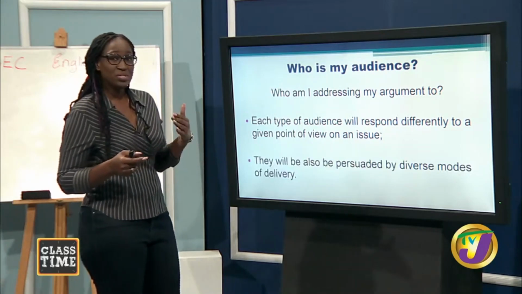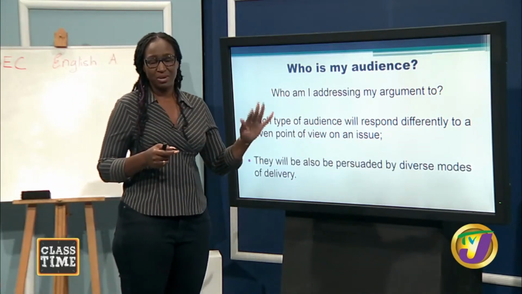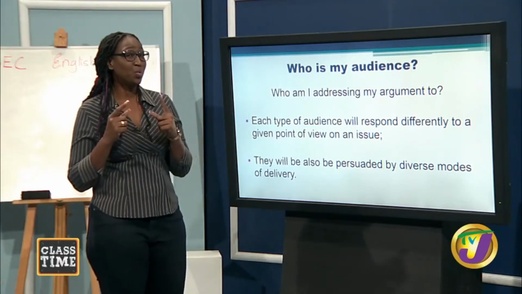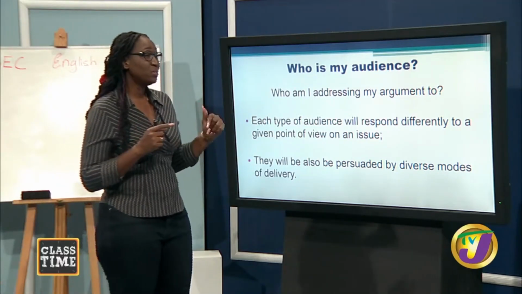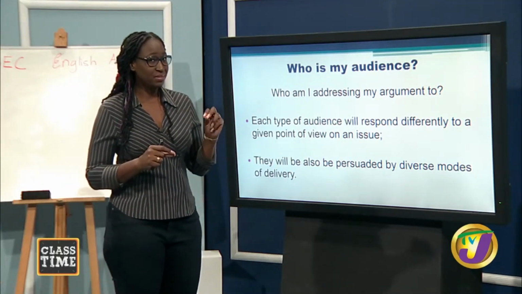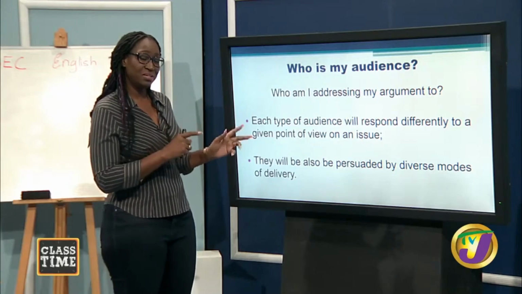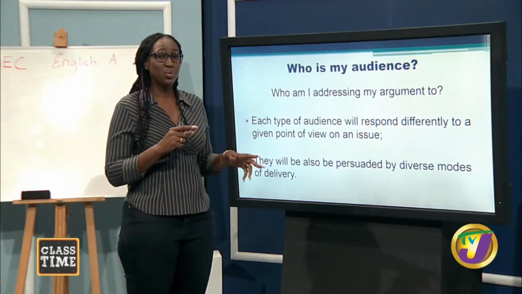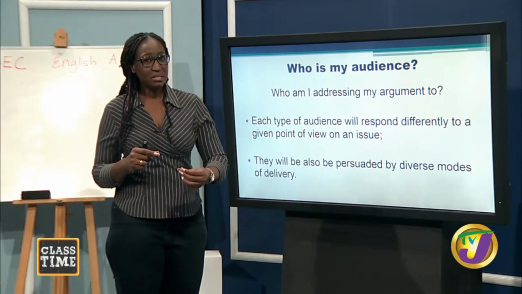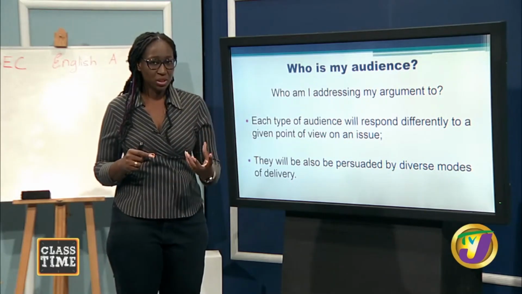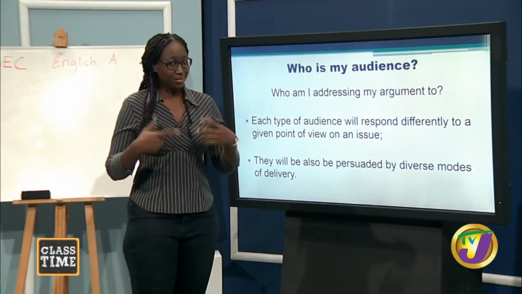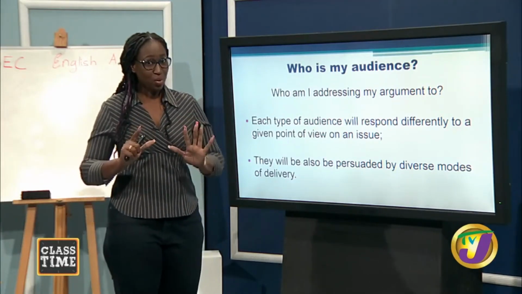Now, of course, we went through a gamut of persuasive techniques, and as a result, you are now equipped to decide which one of these, which group of these, which set of these devices can I use in this particular scenario? So you'll know if you're writing to someone who is in a certain capacity that requires emotion, then you know all the devices that appeal to emotion, those are the ones you should really bring out.